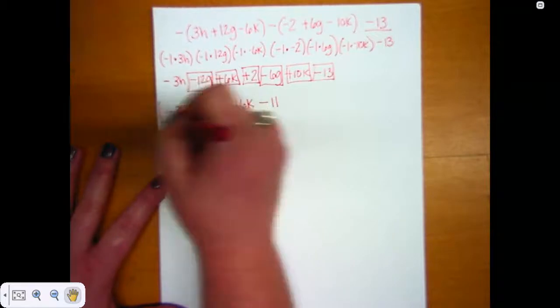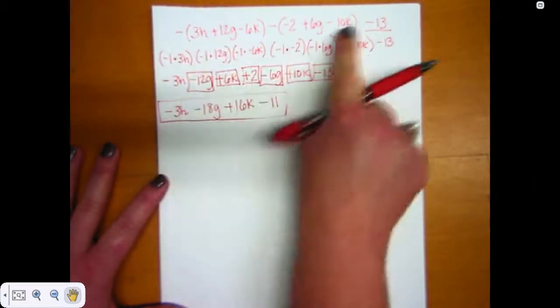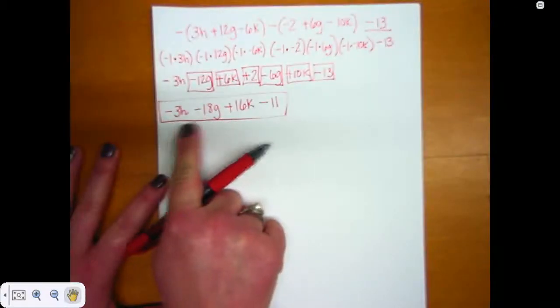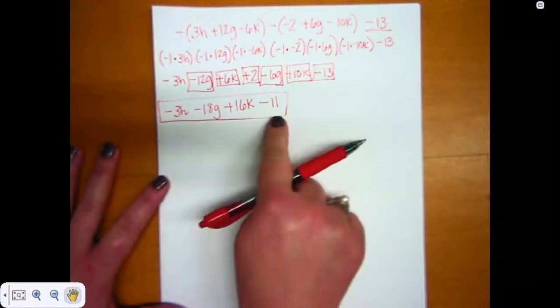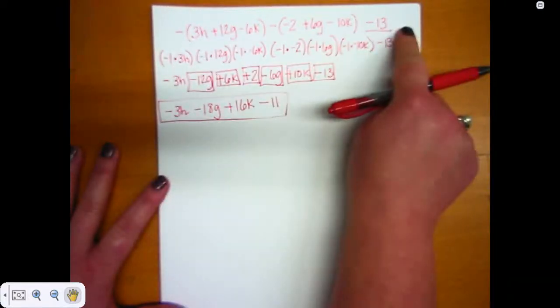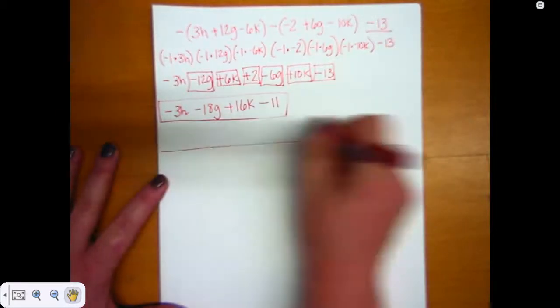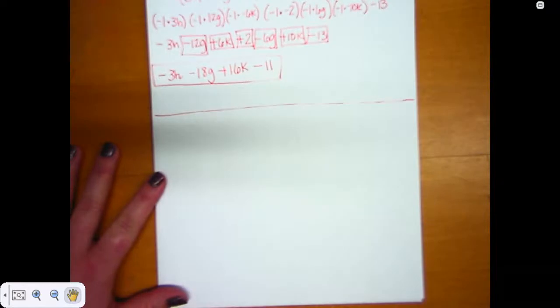Now, that is my most simplified version of this. So negative 3h minus 18g plus 16k minus 11 is equivalent or equal to this. Let's do one more, and then I'll let you get started on your Zyber the robot activity.